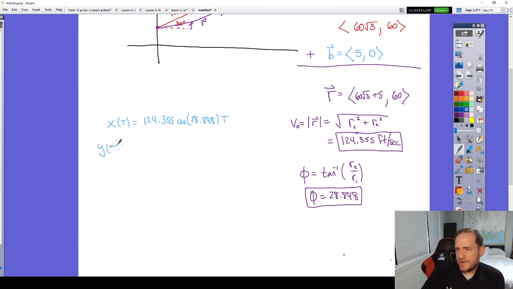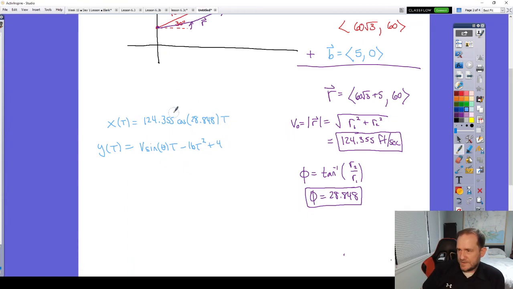And our new y equation would be, I really don't feel like writing it out, so I'm going to use my variables. We said v sine theta t minus 16t squared plus 4.